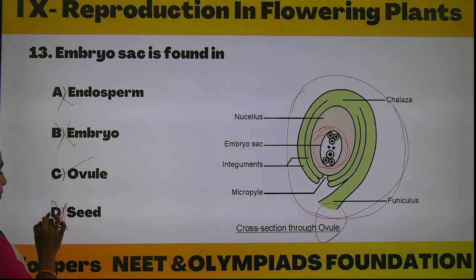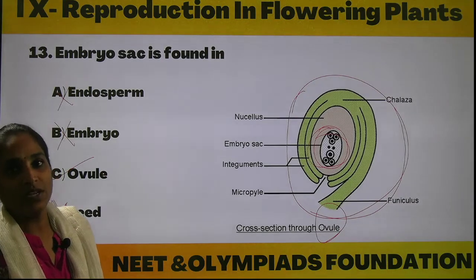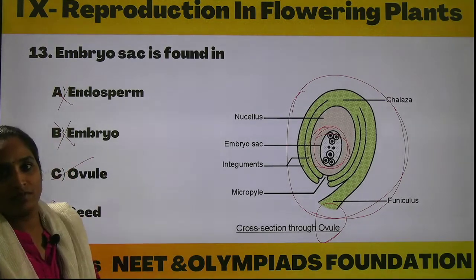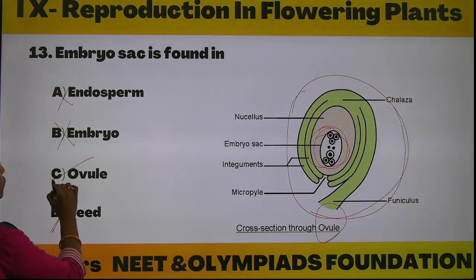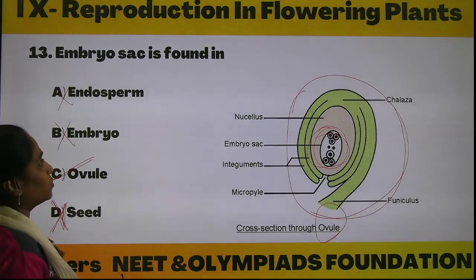Seed is the complete resultant one. After the complete formation of a fruit, the ovule converts into seeds. So this is also the wrong option. What is the correct option? Option C, ovule, is the correct option, right?